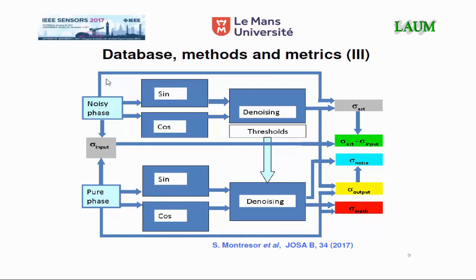With this chart, we extracted 3 metrics based on the denoised phase, the noisy phase, and the denoised noise-free phase. For example, what we call the sigma, the error method, is based on the difference between the denoised noise-free phase and the denoised phase.